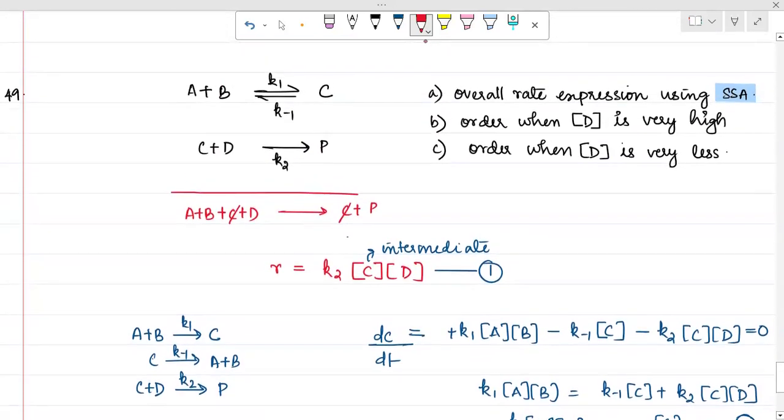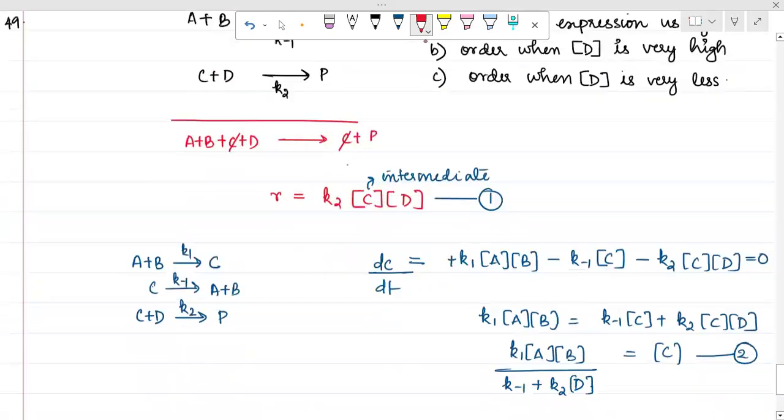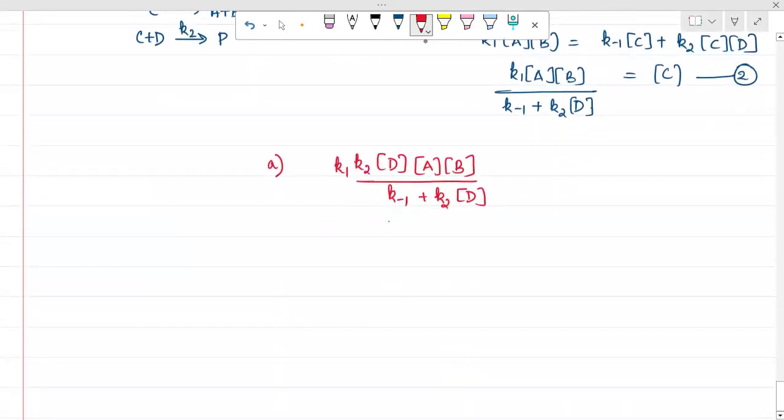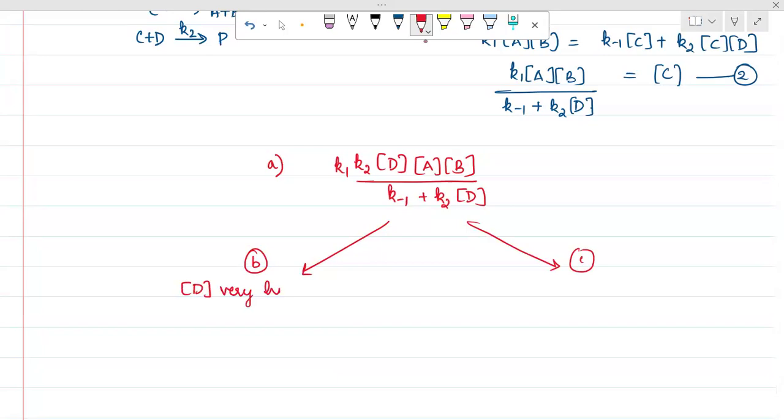What is the order when the concentration of D is very high? Okay. Now see, sub-questions B and C, they have asked us to put the conditions where the concentration of D is very high and where the concentration of D is very less.